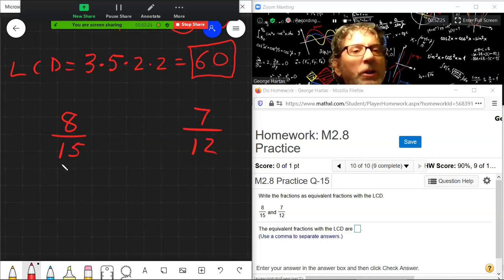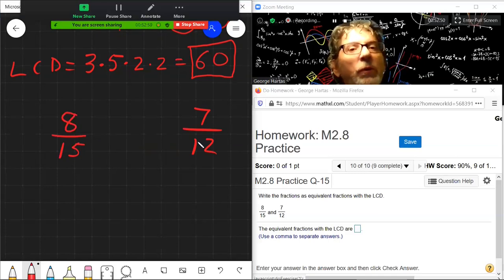So here's what we got to do. We got to make the denominators become the same, because remember the last video, right? If we want to add or subtract fractions, and this is where this is going, we got to have the same denominators. So we got to use our LCD to help us here. In fact, this will be the denominator after we finish doing something.